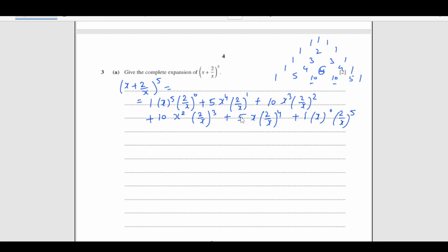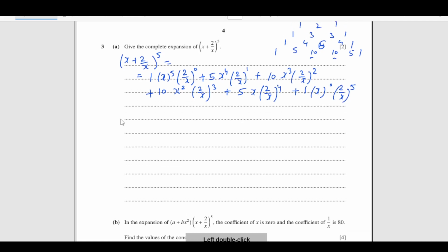Now we can expand that. So let me rewrite this one. This is now x to the power 5, because this here is 1. Then we have 5 times 2, this is 10, and x cubed, because 4 minus 1 is 3.